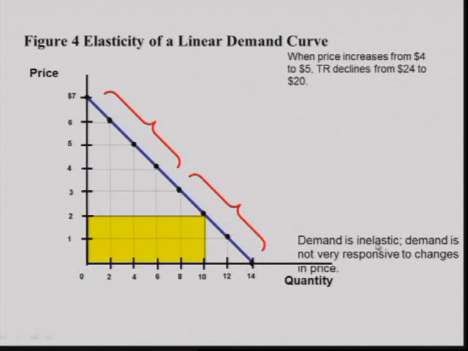Demand is inelastic on this part of the graph. So if the price is just changing maybe $1 or $2, people will still want their Starbucks, will still want this product. They don't mind paying a little bit more for their favorite item.